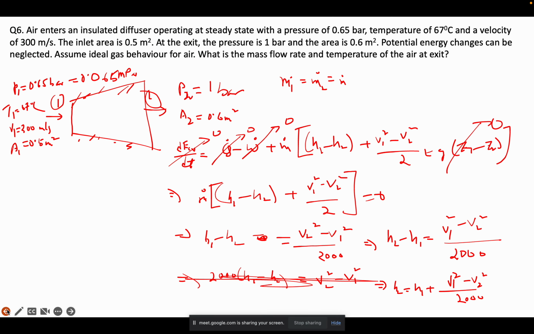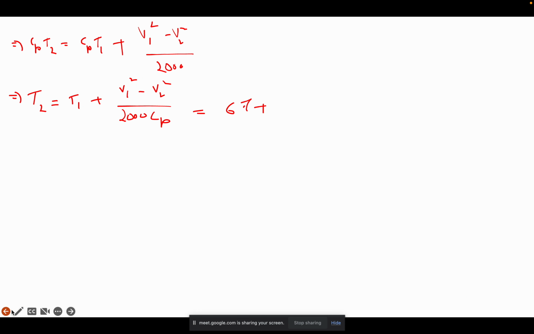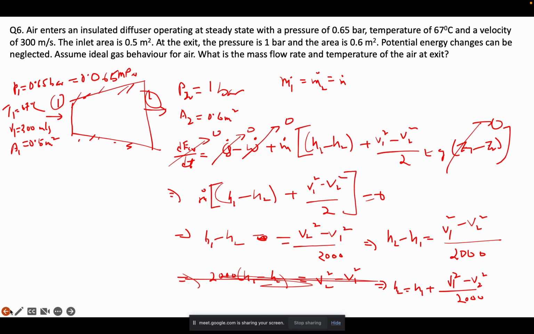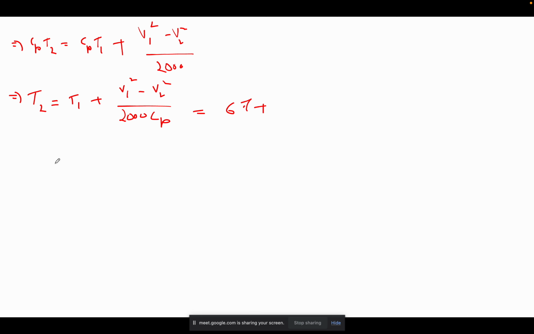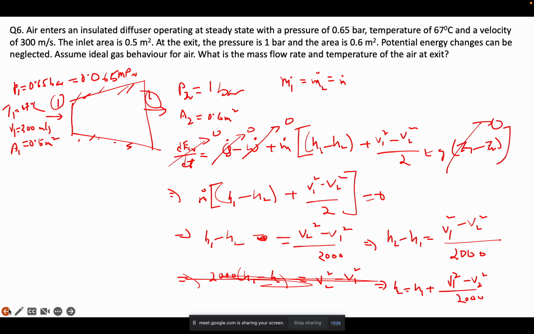So v1 is 300 meter per second but I don't know V2 squared, correct? So what I know, since mass flow rate remains the same, rho 1 A1 V1 will be equal to rho 2 A2 V2, isn't it?